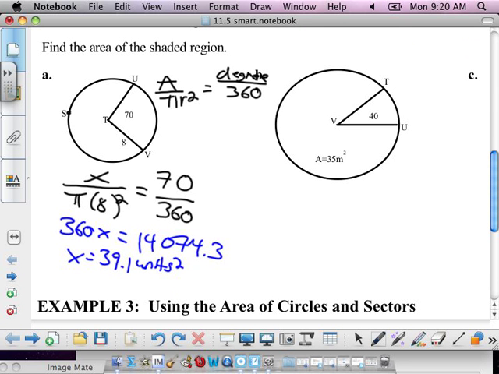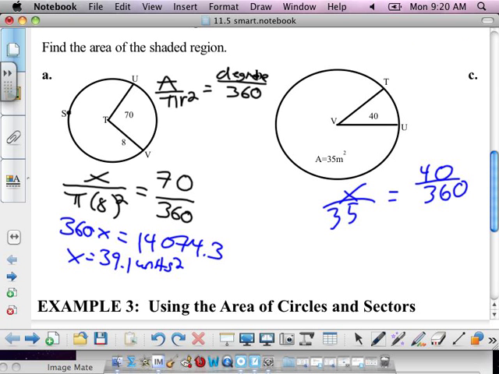Any questions? Okay, now we're going to work backwards. We've got the area of the circle, and we've got to find everything else. I don't know what the area of the sector is, so that's x still. The area of the circle is 35 equals the degree, 40, over 360. The only big difference here is it's already done the pi r squared for me.